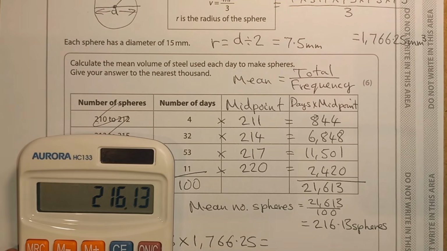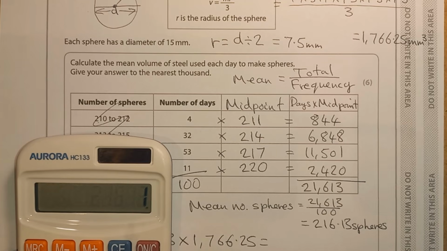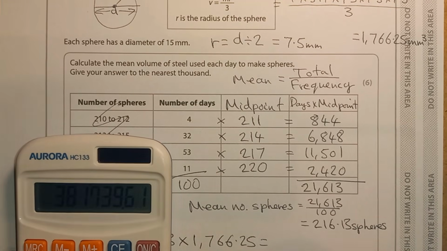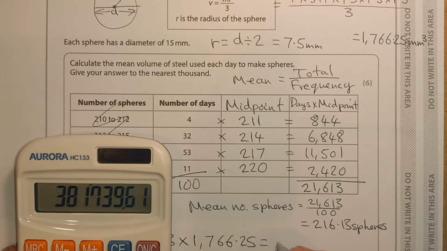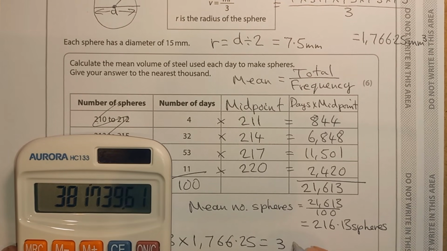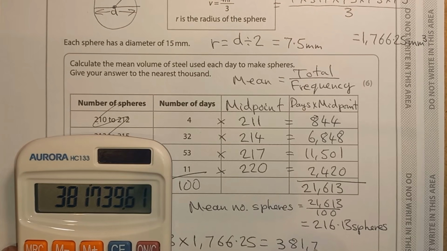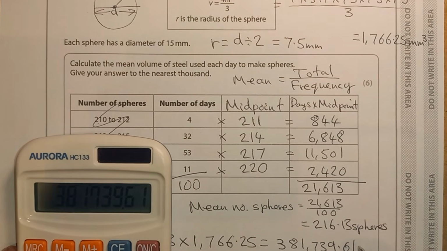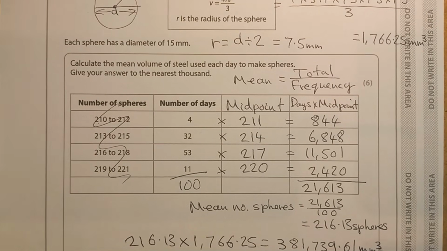So we've already got that in our calculator. 1,766.25, and we get a big number here, which is 381,739.61. And that's going to be millimeters cubed because it's a volume.